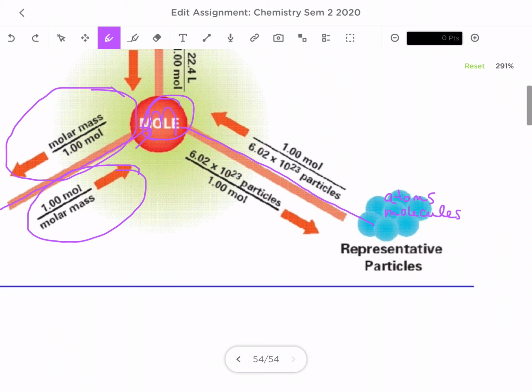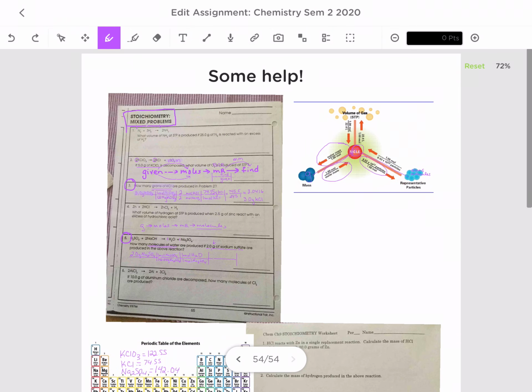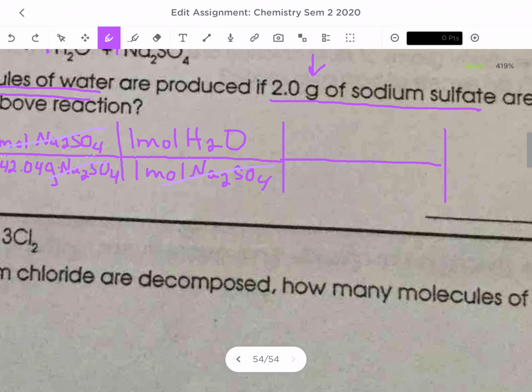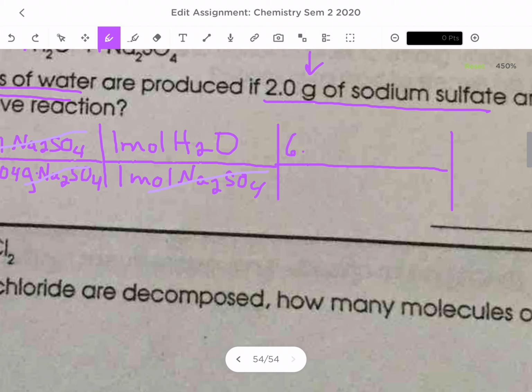So in order to go from moles to molecules, I need to use this conversion factor right here, 6.02 times 10 to the 23rd particles over 1 mole. So that's what I'm going to put right here. So 6.02 times 10 to the 23rd molecules of water, H2O, over 1 mole of H2O. So units that cancel out are moles of H2O, and I'm in molecules of H2O, so it's time to grab our calculator.